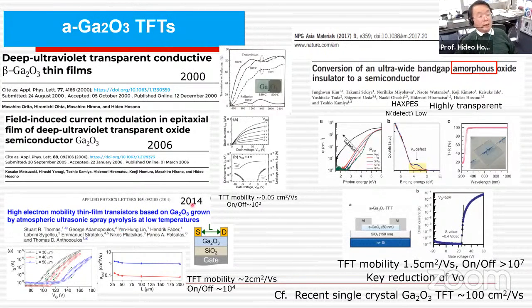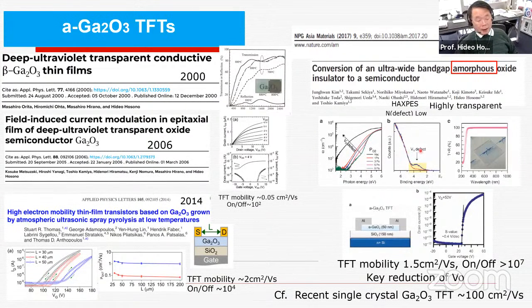In 2017 we fabricated the amorphous gallium oxide TFT. It was not so easy to realize the TFT of gallium oxide because of the oxygen defect concentration, but eventually we eliminated the oxygen vacancies.